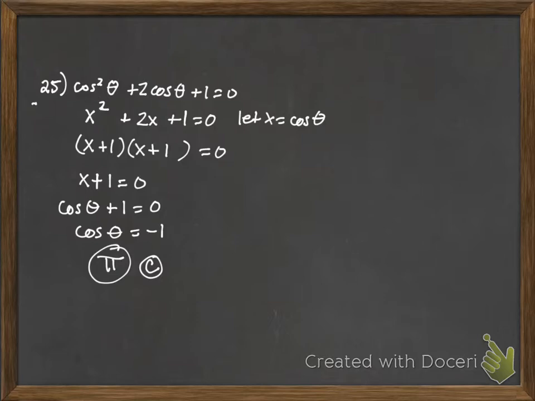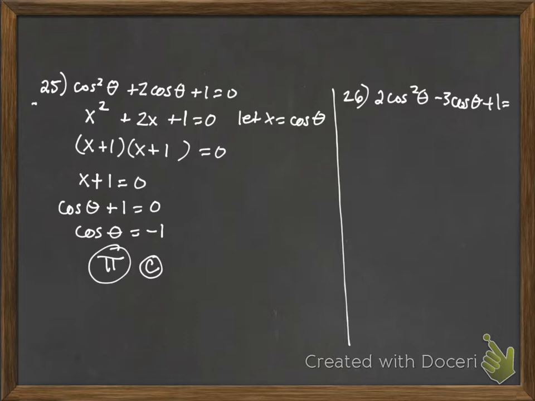Alright, so let's go ahead and do number 26. So number 26 asks us to solve 2 cosine squared theta minus 3 cosine theta plus 1 equals 0.